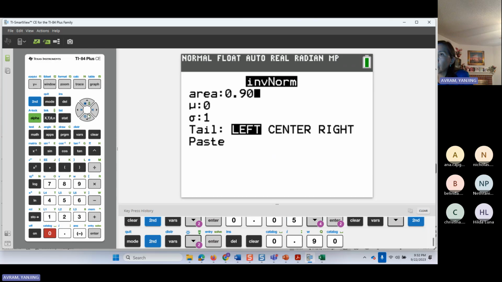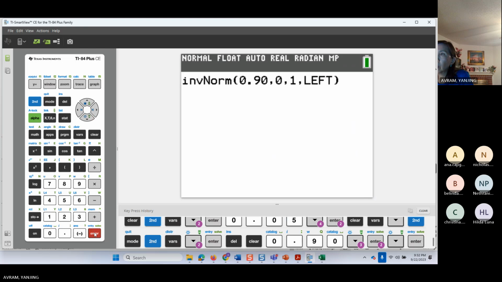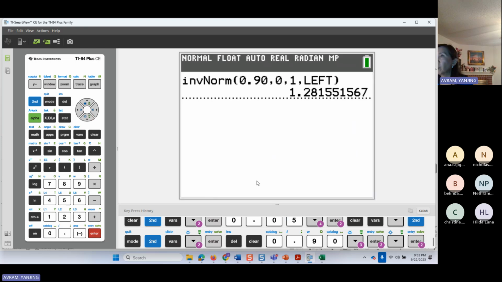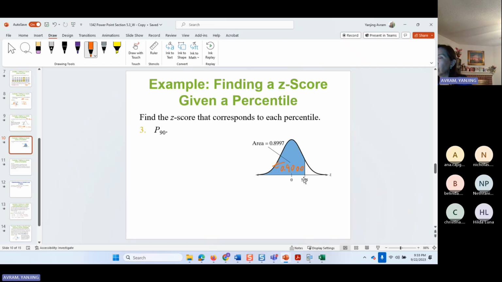I don't have to input that many decimal points. I round to 2 decimal places, which is 1.28, right? So this calculator Z-score is actually more accurate, because in a table we cannot show that many decimal points. We usually only round to 2 decimal places for the calculation.